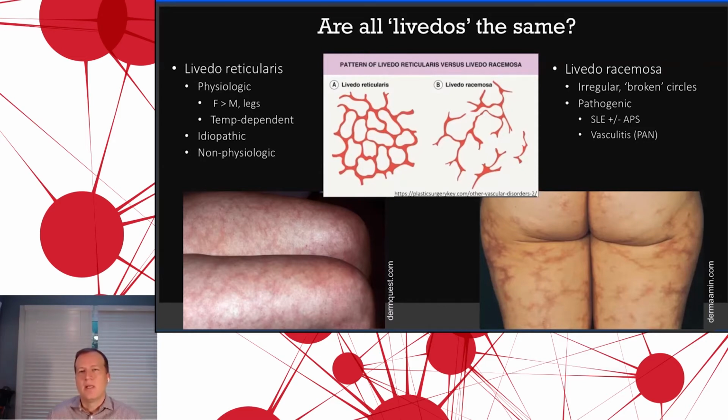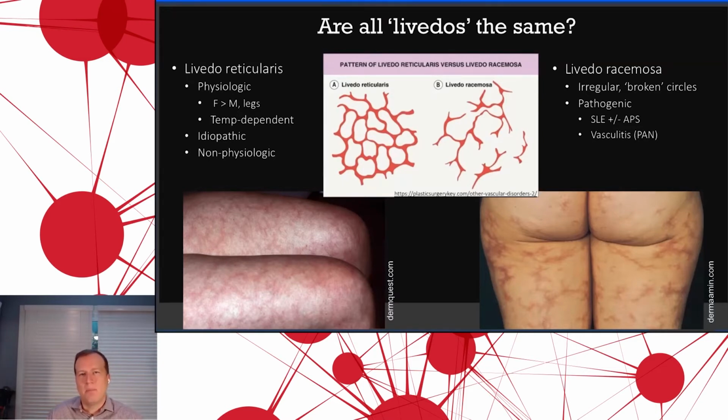And so this is most commonly associated with systemic lupus, with or without the antiphospholipid antibody syndrome. And in fact, there have been associations with the skin livedo presentation and a higher risk of stroke and other vascular events in patients with antiphospholipid antibody syndrome.